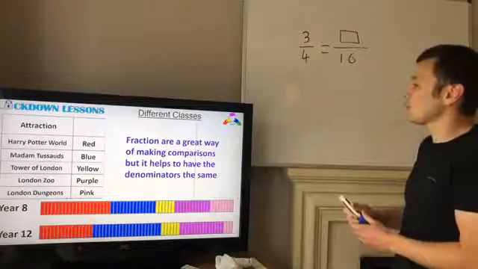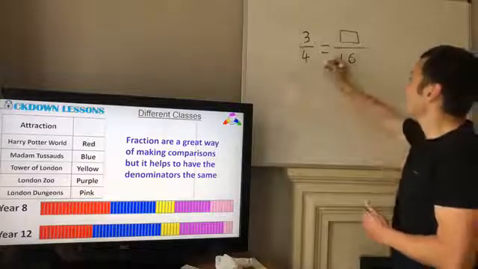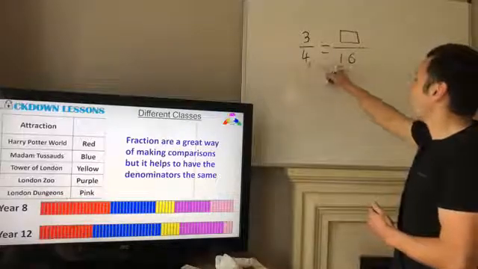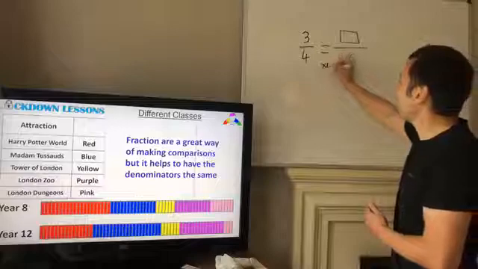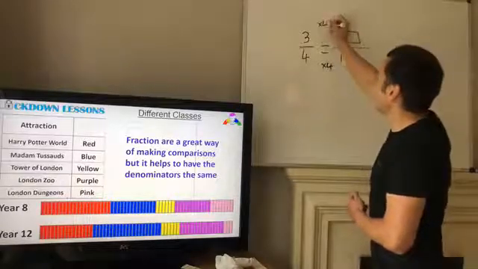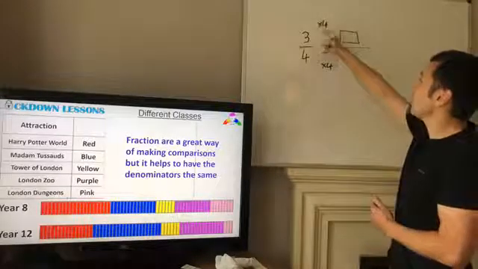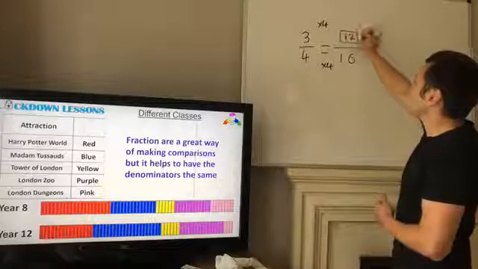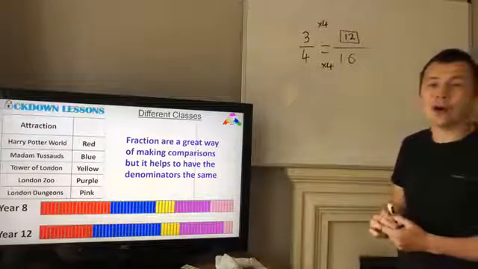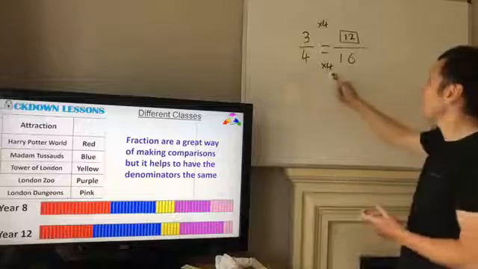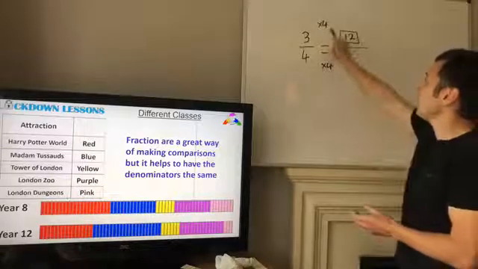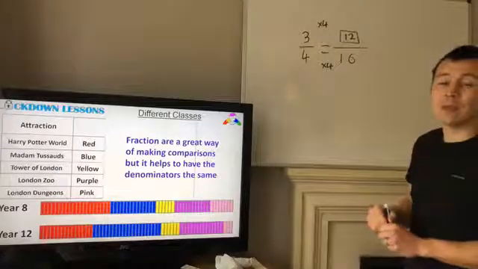When you're setting these questions out, you want to be looking at what you're timesing by. So if I times 4 to get to 16 by 4, I'm going to times the top by 4 as well, to give me 3 times 4 is 12. So I get 12 out of 16. 4 times 4 gives me 16. 3 times 4 gives me 12.